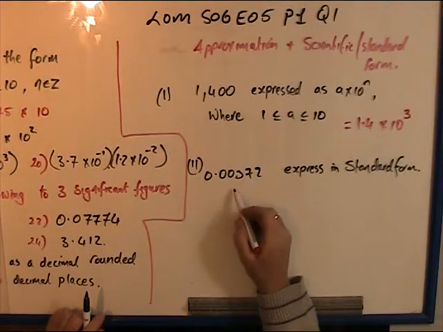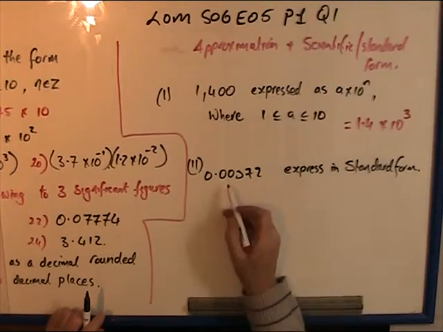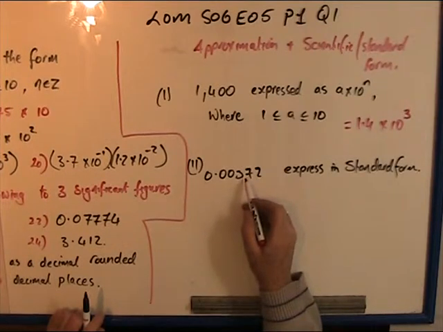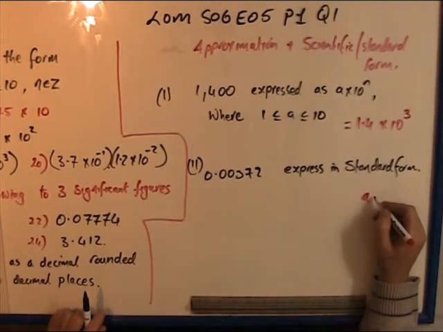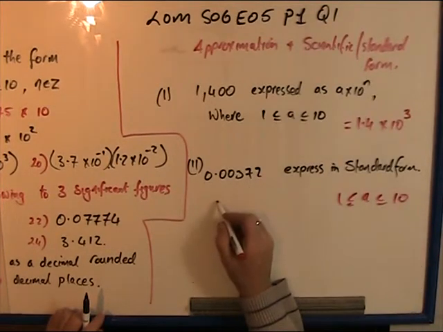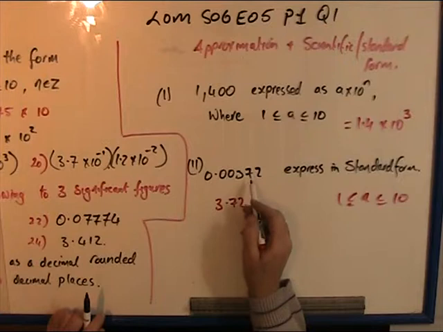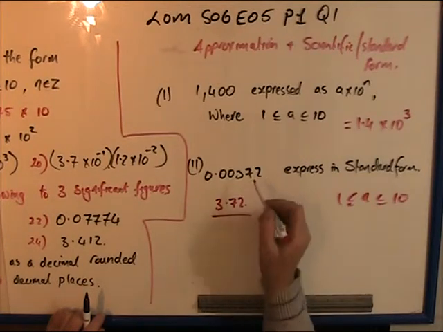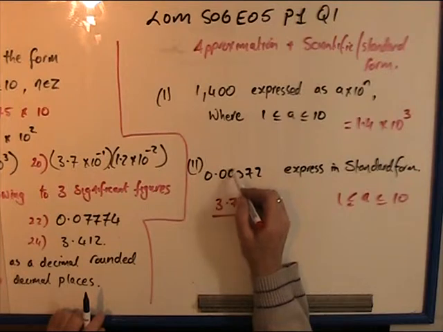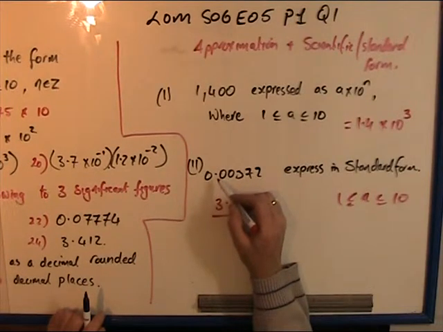Now express this in standard form. You can see that this is quite large. If I want to make this the same thing, a lies between 1 and 10. So I have to bring that to 3.72. In order for me to bring that to 3.72, how many places of decimals did I move it? The point went 1, 2, 3.